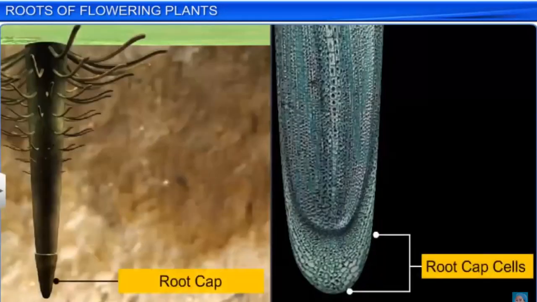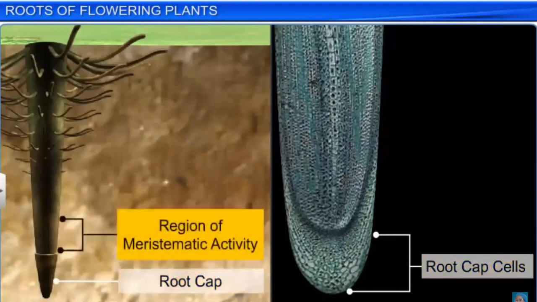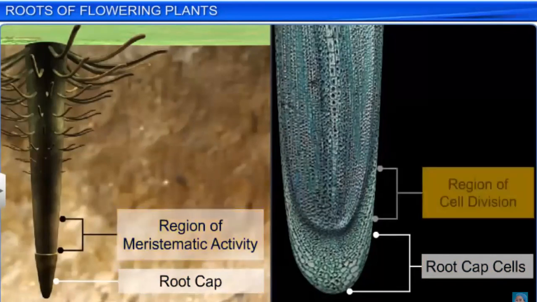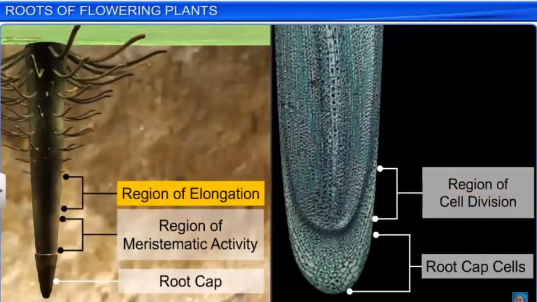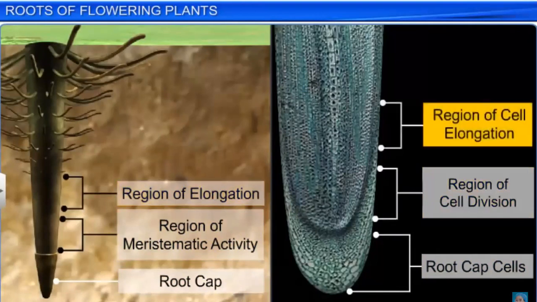The root cap is a sheath of cells present at the tip of the root that protects the root while entering the soil. The region of meristematic activity is just above the root cap, where the cells are very tiny and rapidly divide to produce new cells for growth. The region of elongation has cells that undergo rapid enlargement and elongation that causes the root to grow in length.